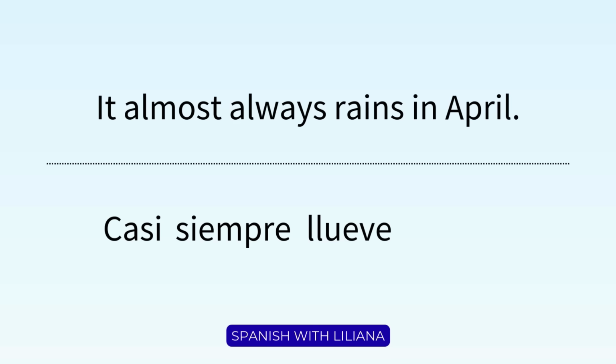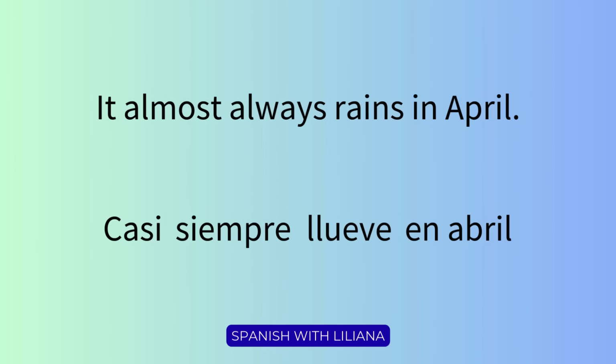And how do you say in April? En abril. Casi siempre llueve en abril. So there's no direct pronoun for it in Spanish. We just kind of take the verb conjugation for the third person singular and use that for it as well. Casi siempre llueve en abril.